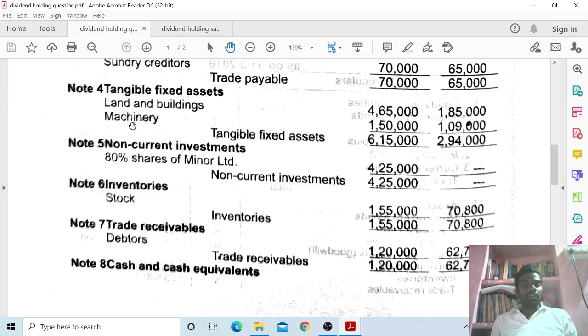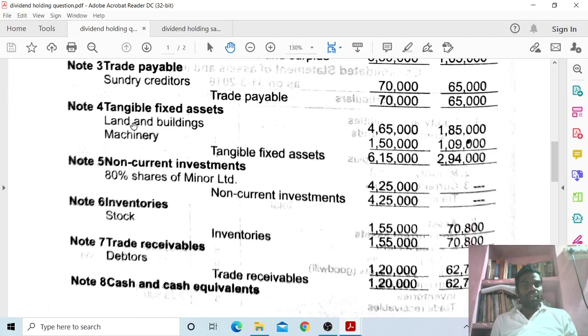Note number 4, tangible fixed assets. Land and building: 4 lakh 65,000 Major company, 1 lakh 85,000 Minor company. Machinery: 1 lakh 50,000 Major company, 1 lakh 9,000 Minor company. Total tangible fixed assets: 6 lakh 15,000 and 2 lakh 94,000.